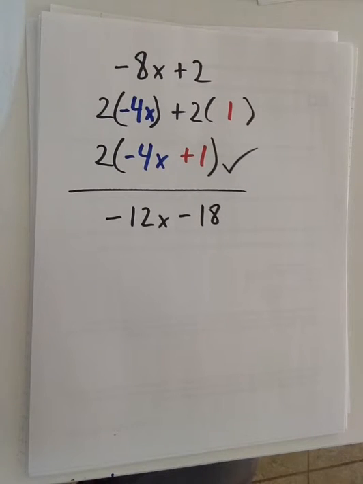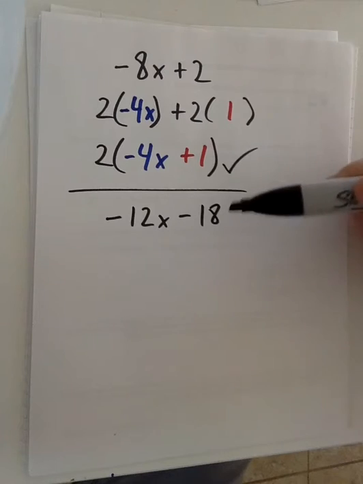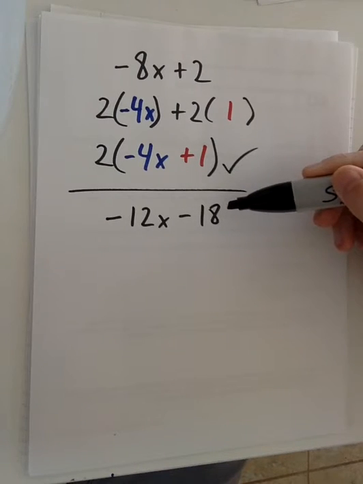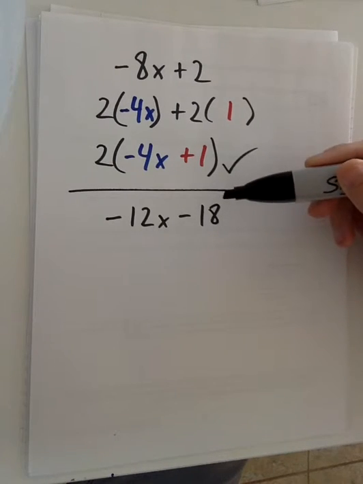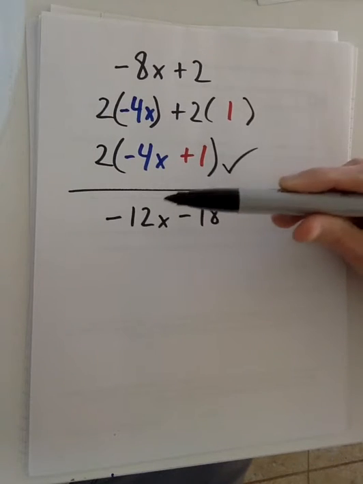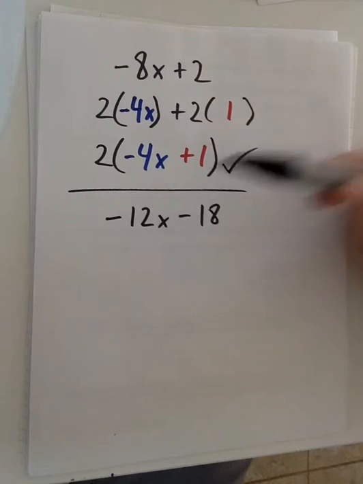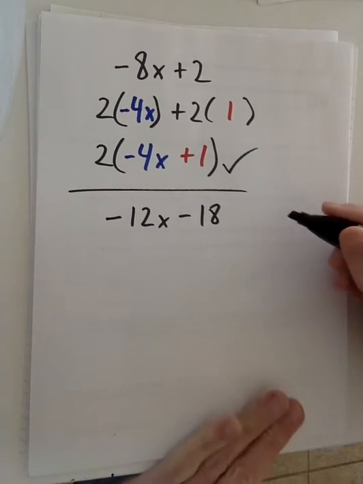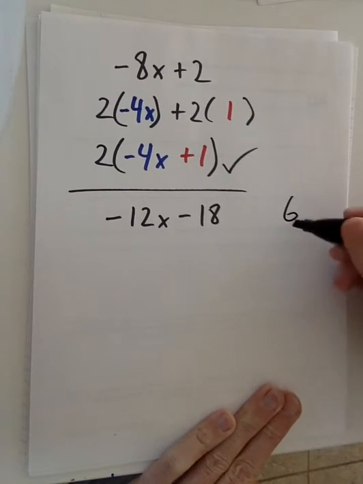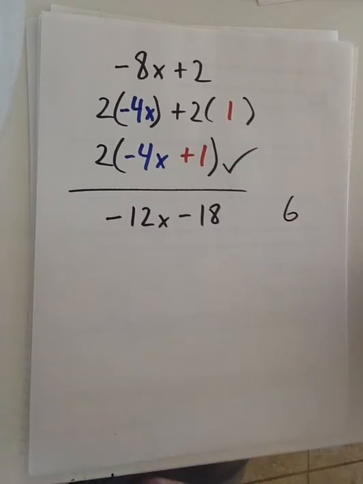That will always help us out, otherwise we'll have to factor more than once. So the greatest common factor, I know they're both even, it could be 2, but could it be higher than that? 3 could go into 12 and into 18. 4 could go into 12, but the best one I think is going to be 6. 6 times 2 is 12 and 6 times 3 is 18.